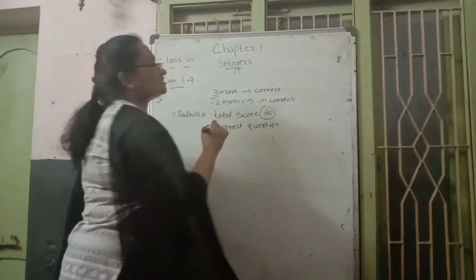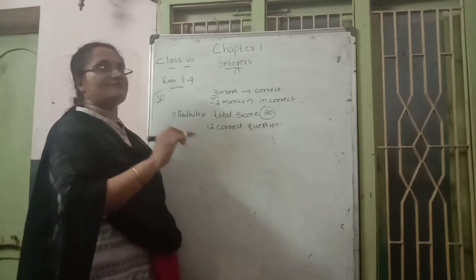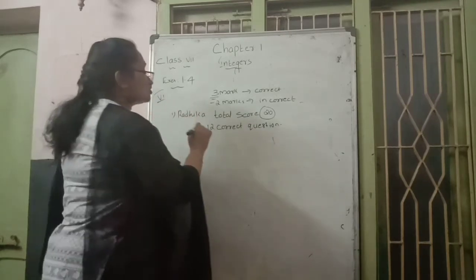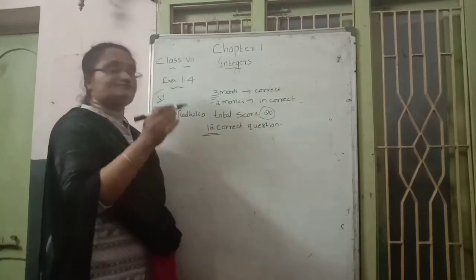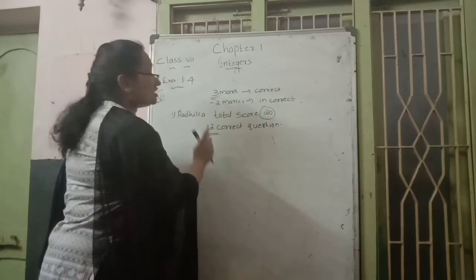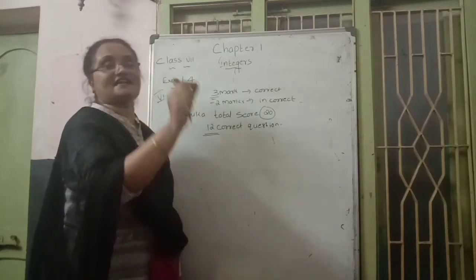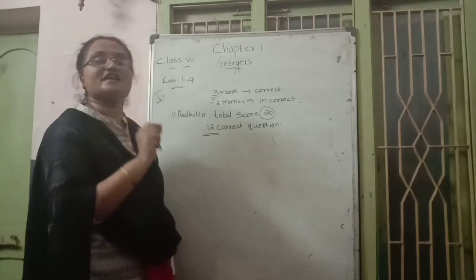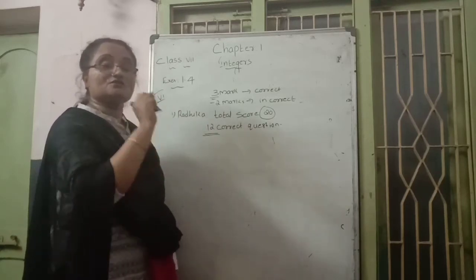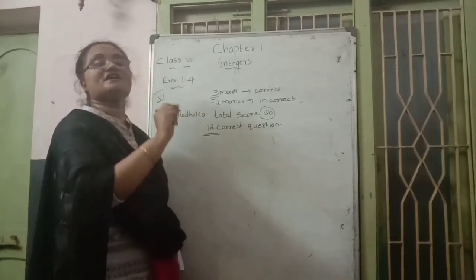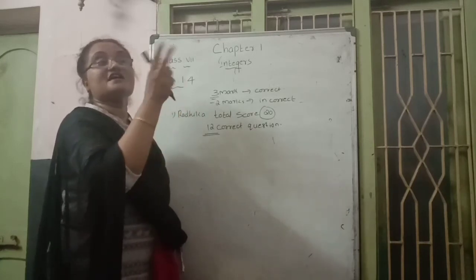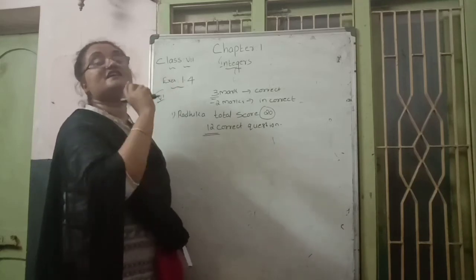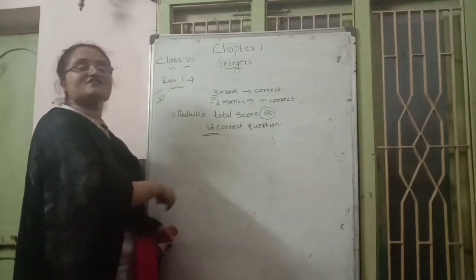Then next they give that she attempted 12 questions correctly, and that some questions she made mistakes. So how many questions did she answer incorrectly? That number of incorrect answers they are asking. That is the first part.